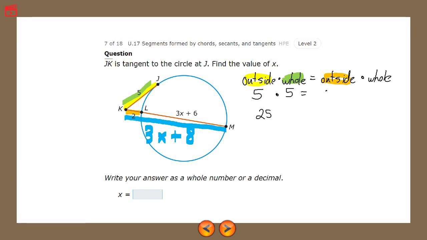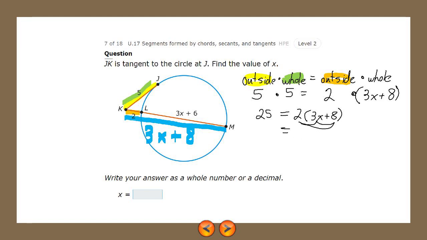We did 2 times 3x plus 8, the whole length outside of the circle. 2 times 3x plus 8. You will have to distribute carefully here. 2 times 3x, 2 times 8.